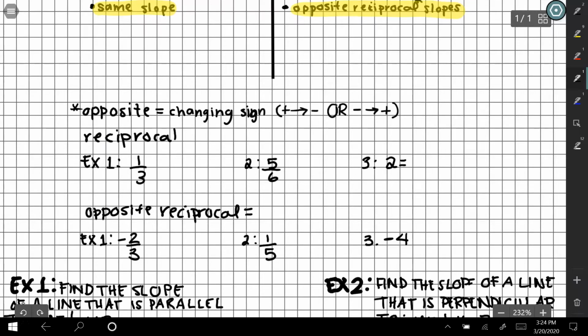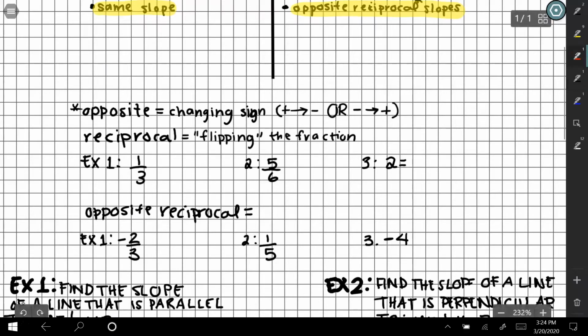So that's all opposite means. Alright, reciprocal is flipping the fraction. So we're switching the bottom to the top and the top to the bottom.